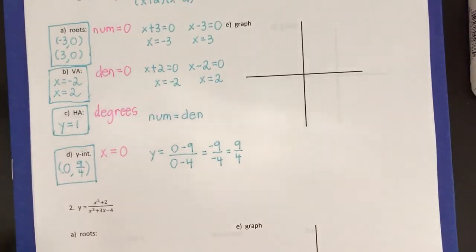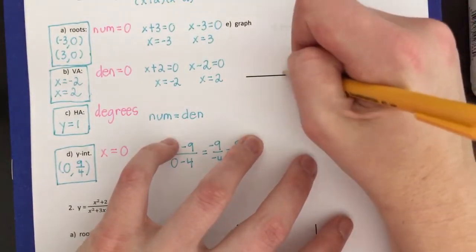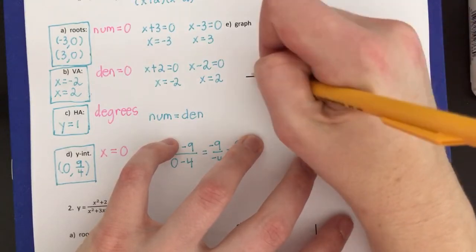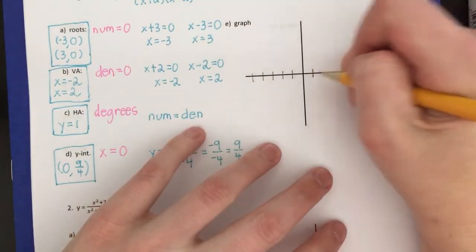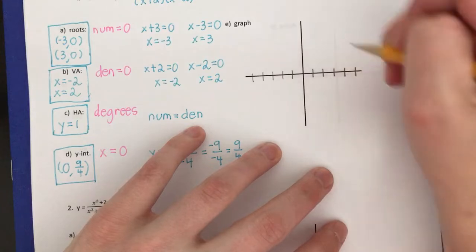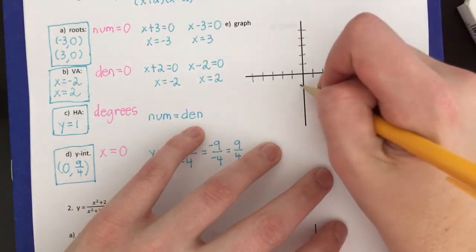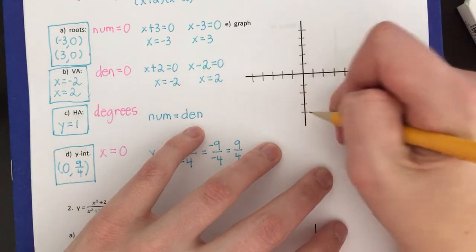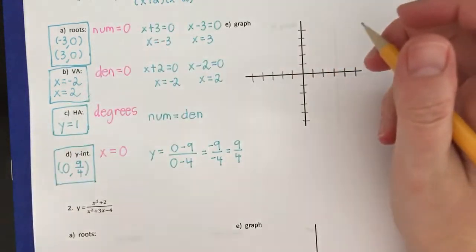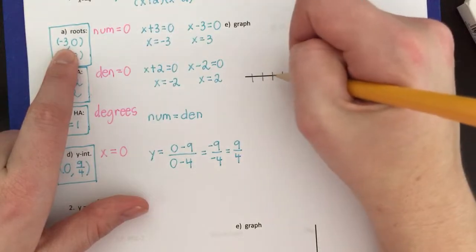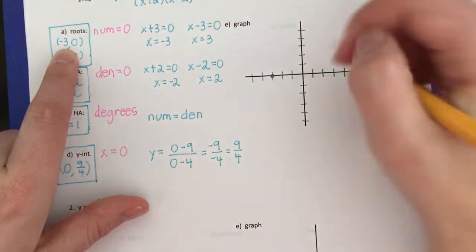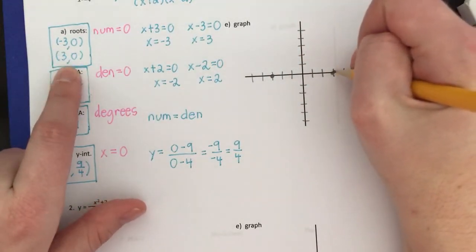All right, so now let's get busy with our graph. So for our graph, we have the roots negative 3, 0, positive 3, 0.